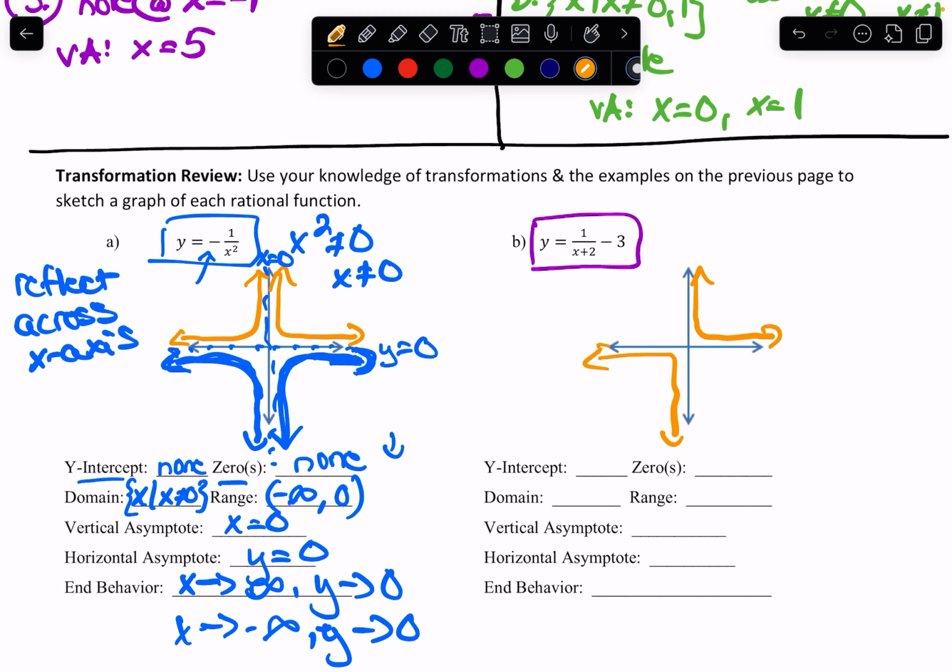So our asymptotes are y equals 0 and x equals 0. Okay, but what transformations are we doing to this? Well, this plus 2 takes it left 2. Negative 3 takes it down 3.